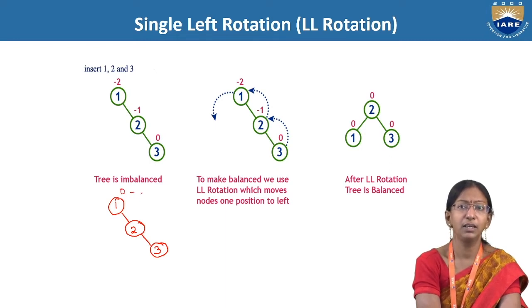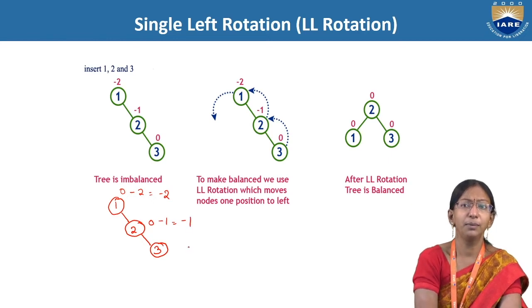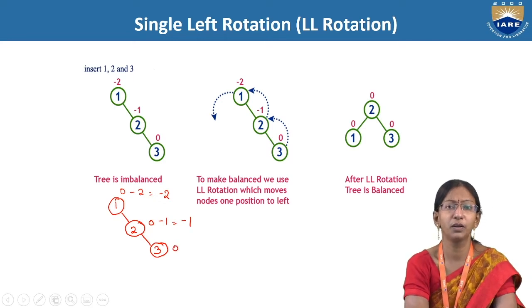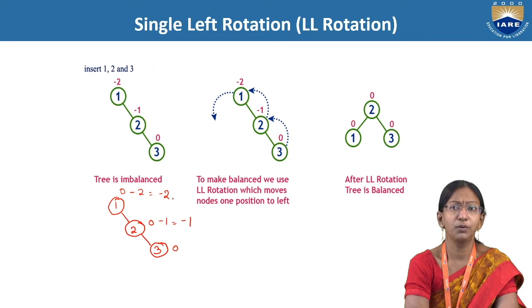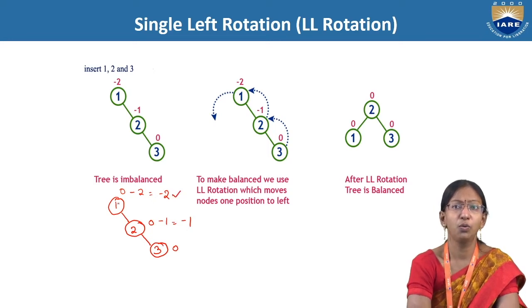Coming to the right, it has 2 levels. So its balance factor is -2. Coming to node 2, it doesn't have any left child, but it has a right child, so its balance factor is -1. Coming to 3, as it is a leaf node, its balance factor is 0. Till now it is okay, but what about -2? It violates the rule. That means node 1 violates the rule.